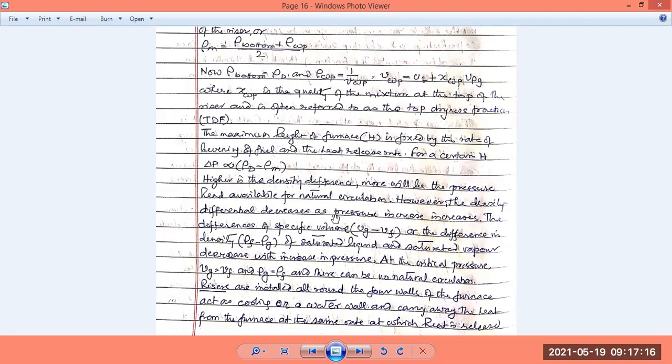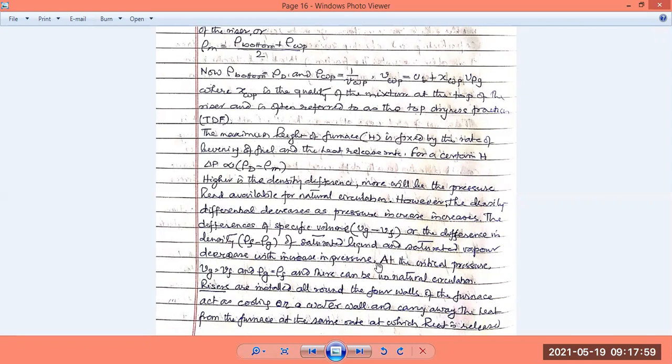However, as pressure goes up, the density difference between the downcomer fluid and the mixture goes down. This is the difference in specific volume, V_g minus V_f, or the difference in density, rho_f minus rho_g, of saturated liquid and saturated vapor, which decreases with increase in pressure.